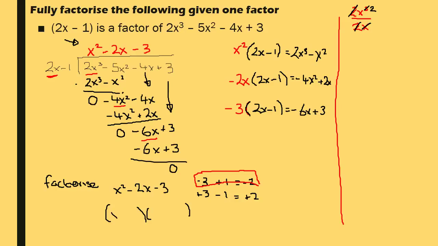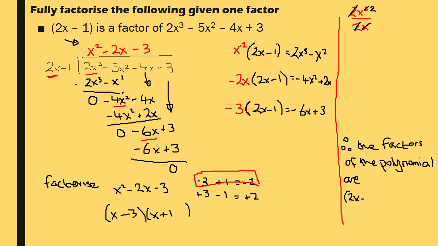So if I fill in my factors, it's going to be x minus 3 in the first bracket and x plus 1 in the second bracket, and therefore I can say the factors of the polynomial are 2x minus 1, then x minus 3, and x plus 1.